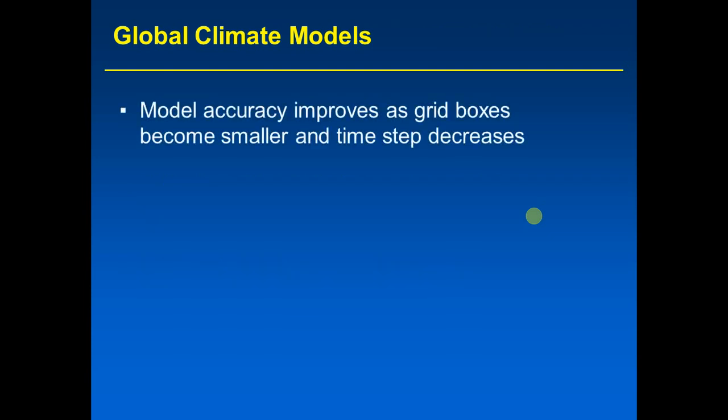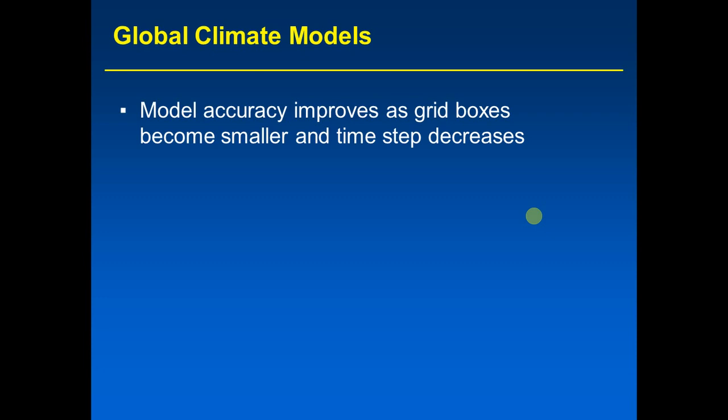More about these grid boxes. The model accuracy improves as the grid boxes become smaller and the time step decreases. So as the grid boxes become smaller, the resolution increases, right? And as the time step between projections decreases, the model becomes more accurate.